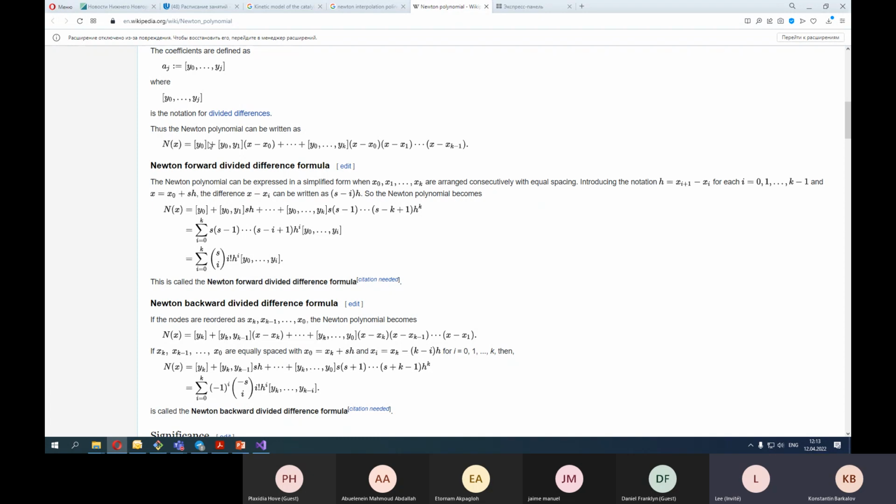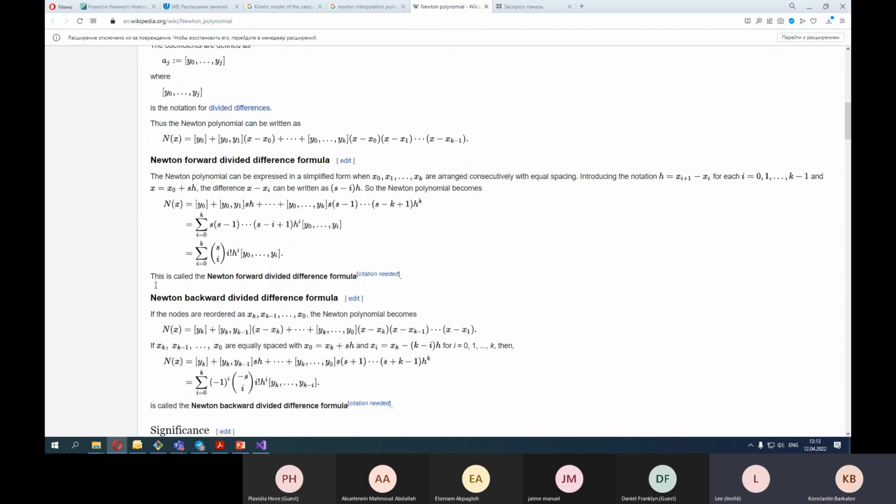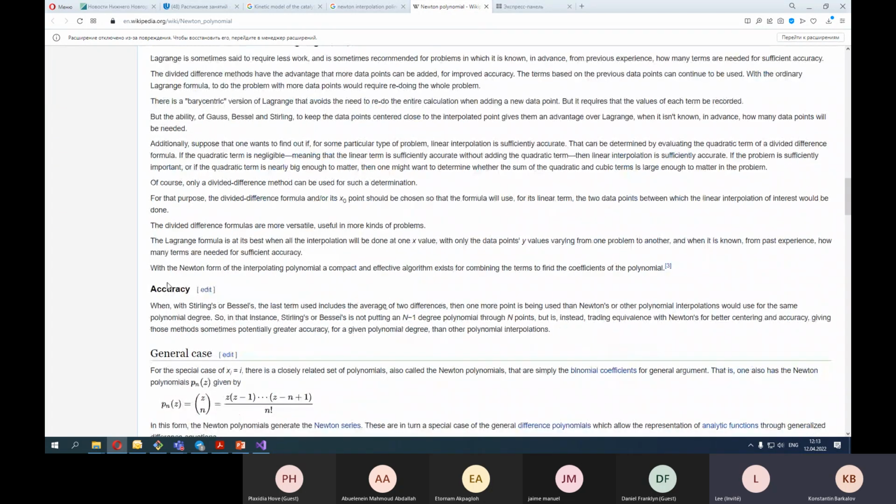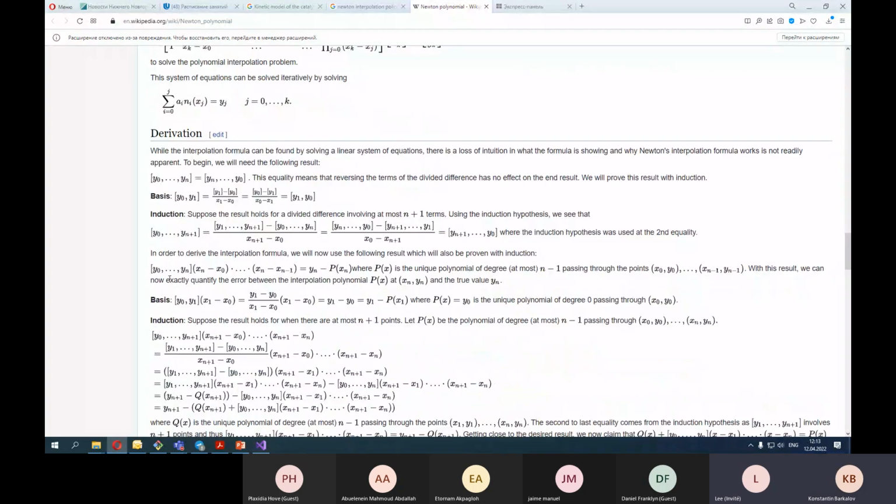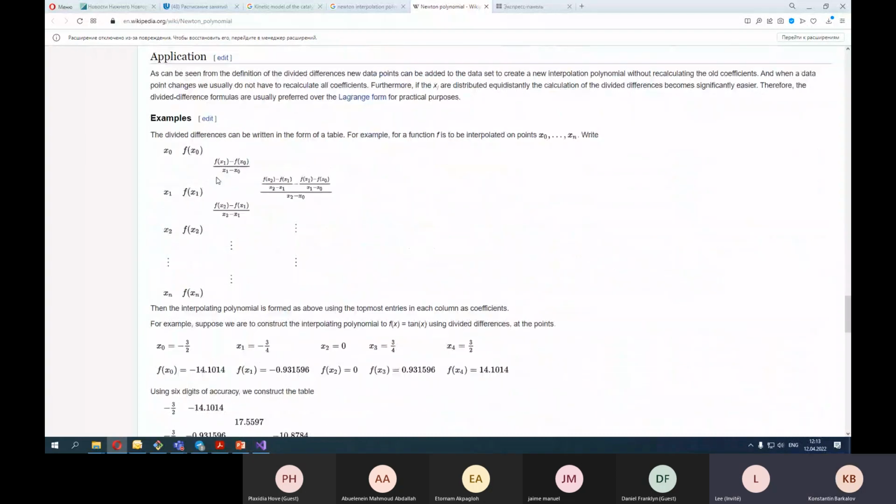Yes, sometimes slightly different notations are used. Here the divided difference is denoted like this, and this is a form of the Newton polynomial of degree n. And if we skip this general description, the same table of divided differences, yeah?